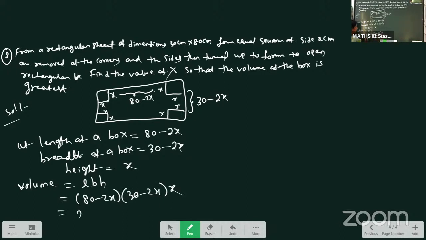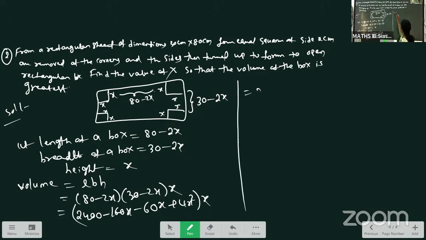So multiply: 2400 minus 160x minus 60x plus 4x square, into x. One more simplification: 2400 minus 220x plus 4x square, into x.